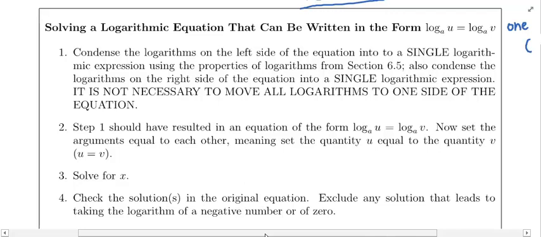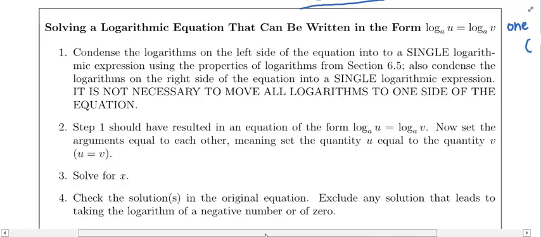It is not necessary to move all the logarithms to one side of the equation. So step 1 should have resulted in an equation of the form log base a of u is equal to log base a of v, meaning you have one logarithm on the left side and one logarithm on the right side, and they have the same base.